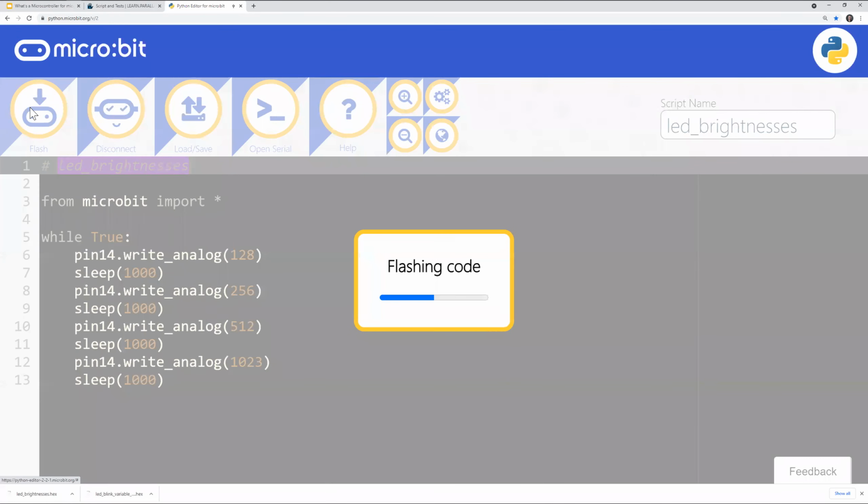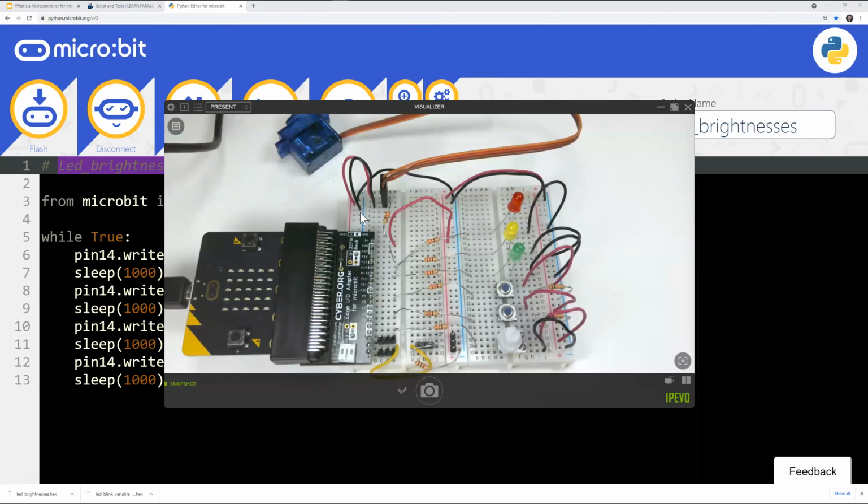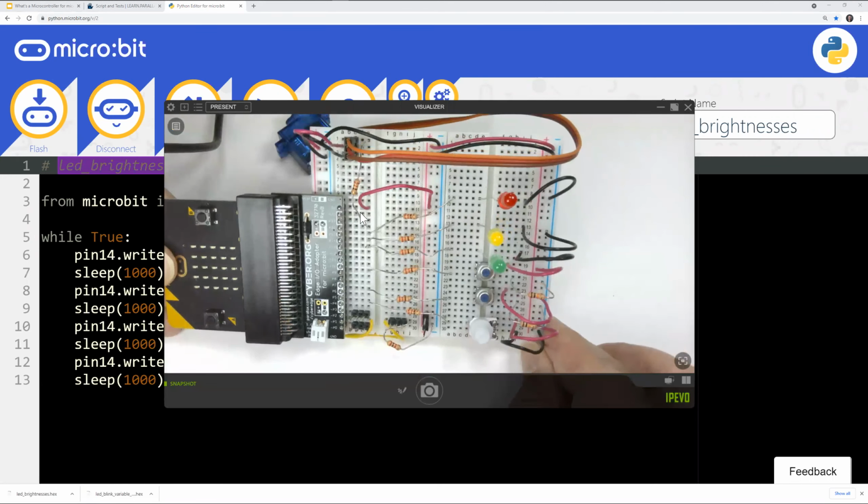Now, when you flash this code and then look down at the top of your LED, what we should see is some varying brightnesses. It should go from pretty dim to kind of dim to dim, and then to as bright as it can be. Again, I don't know if my camera can catch that.